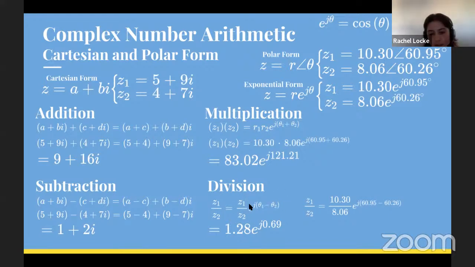So it's just kind of the other way around. Instead of doing addition on the angles this time, we do subtraction, and then we divide the radiuses. So if we plug those numbers in again, same numbers, we're left with this resulting complex number in exponential form. 1.28 is the radius, and the angle is 0.69 degrees.